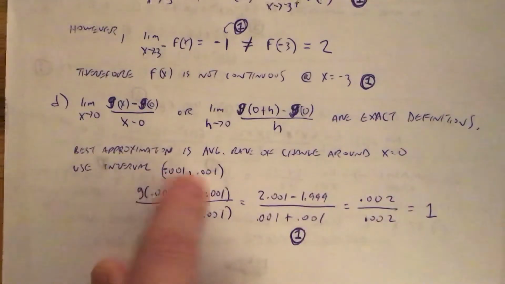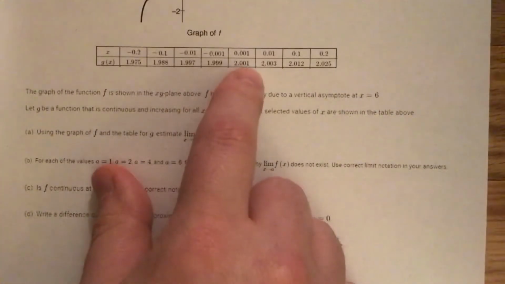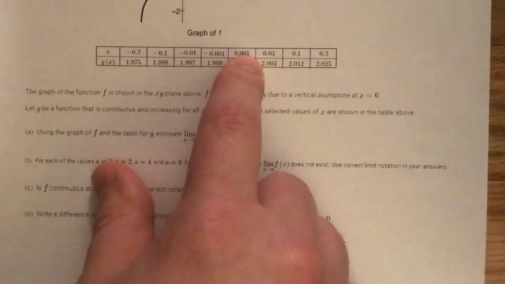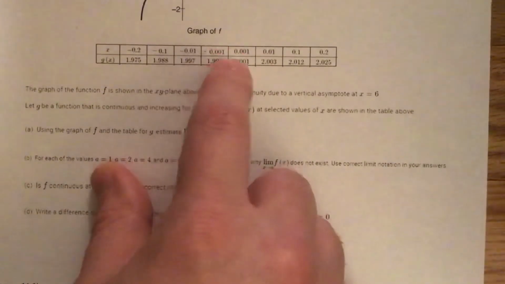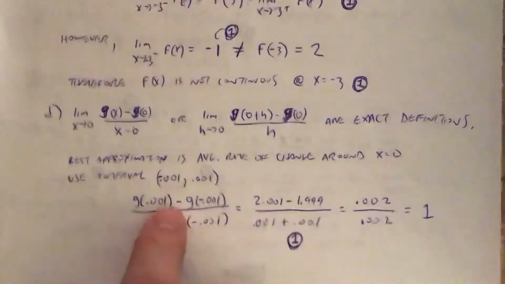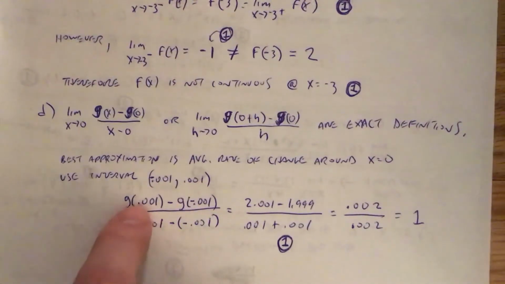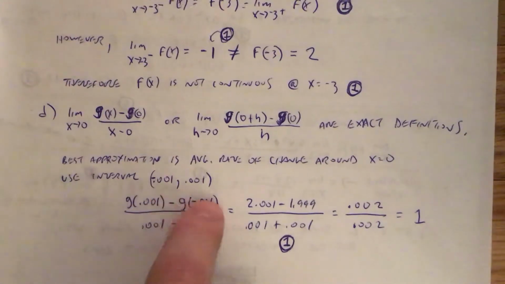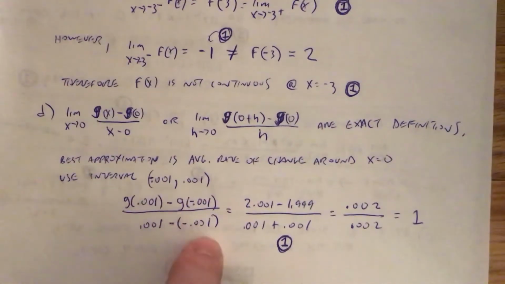The average rate of change is that interval that it's on. So in order to make the average rate of change, you want to use y2 minus y1 over x2 minus x1, essentially the slope that's by 0, and the best approximation of that is this value, which is the y value and the other y value, the x value and the other x value.